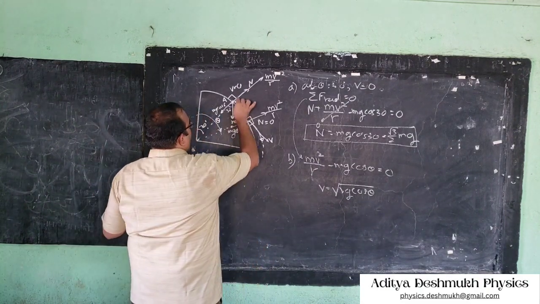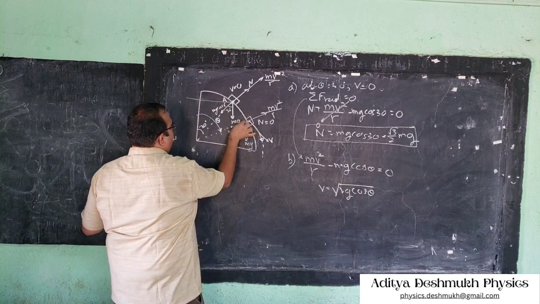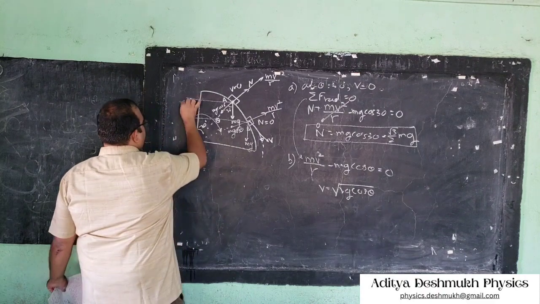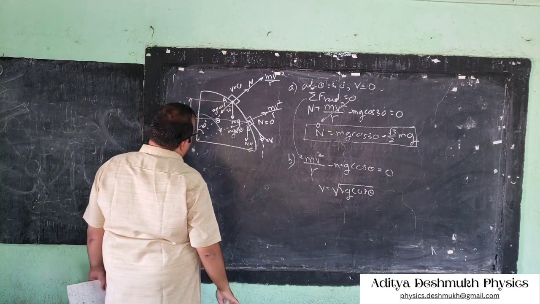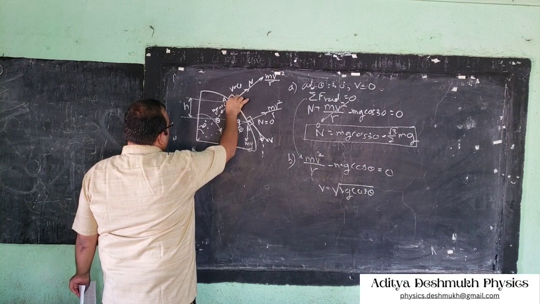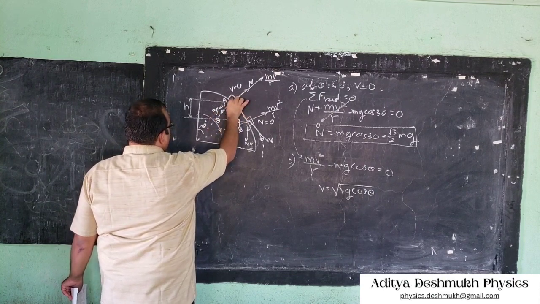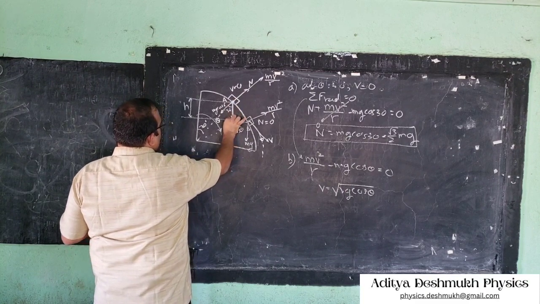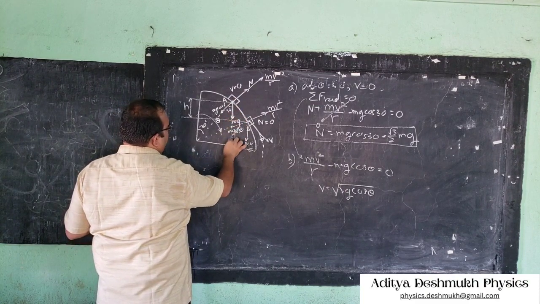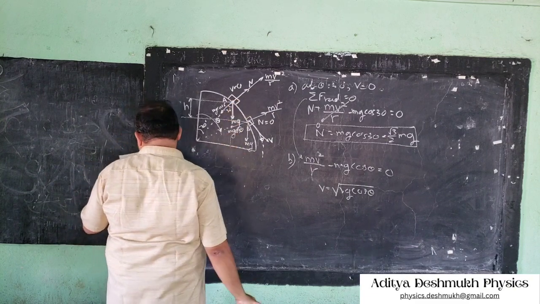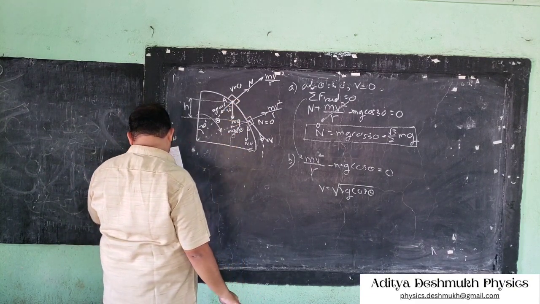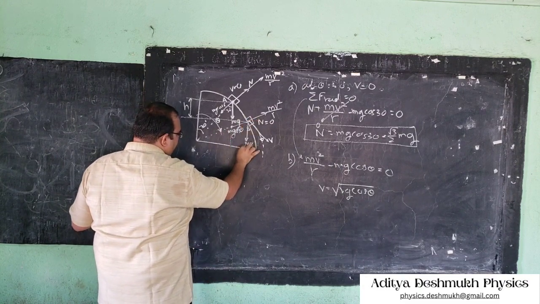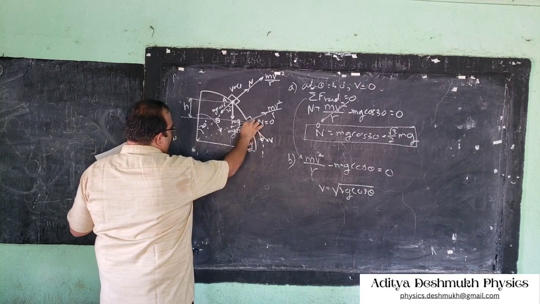So let's do energy conservation, or energy balance, between these two points. First, for that I will have to find the vertical height h, and that h will be, if I do trigonometry for this triangle, this total distance will be r cos 30, and this distance will be r cos theta.